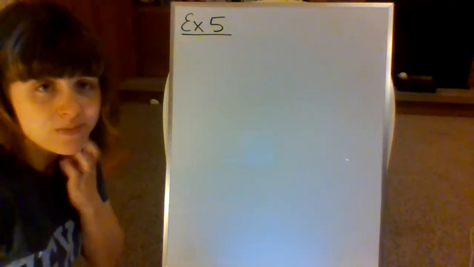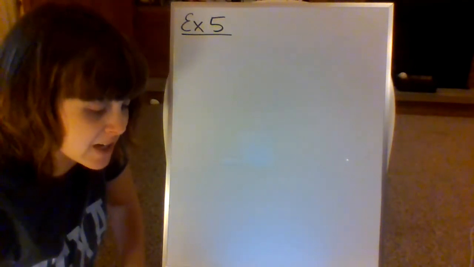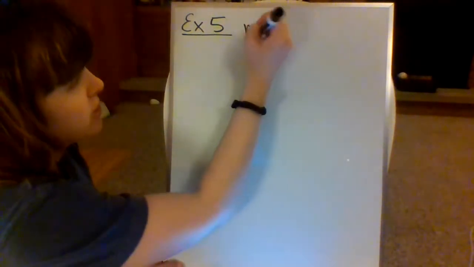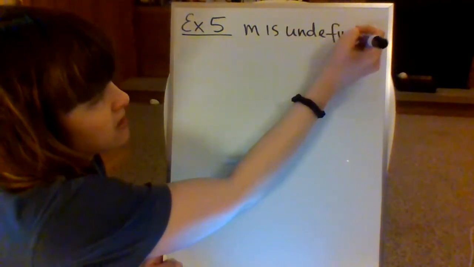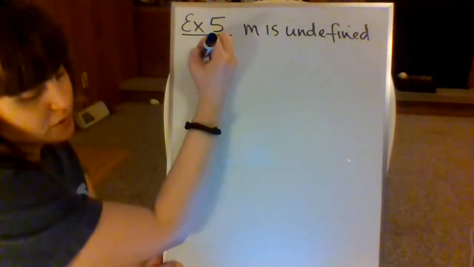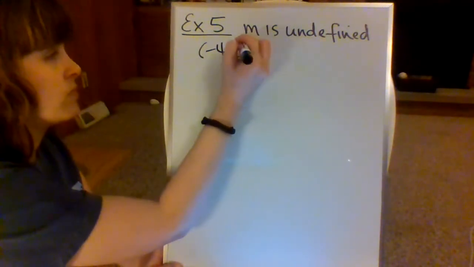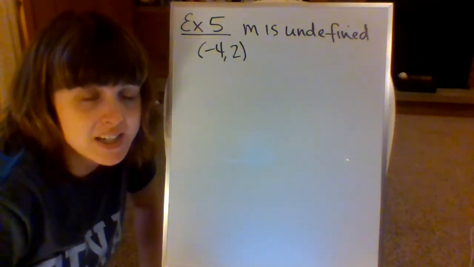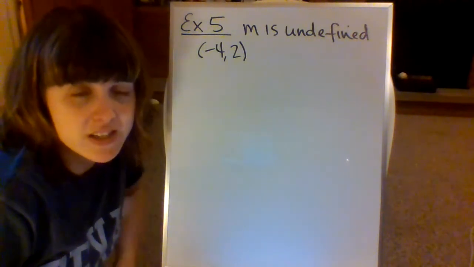Example 5 says, write the equation of the line whose slope is undefined and passes through negative 4, 2. So slope is undefined, and it passes through negative 4, 2. When the slope is undefined, you can't really plug anything into y equals mx plus b because the slope is undefined.